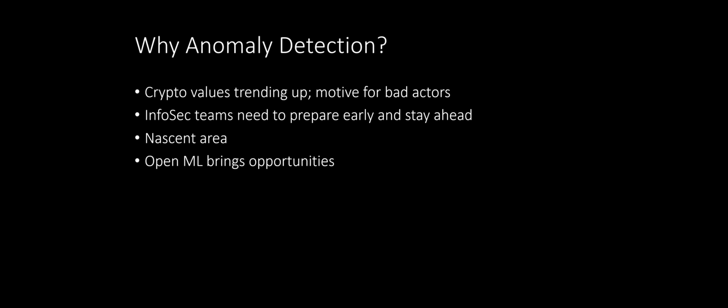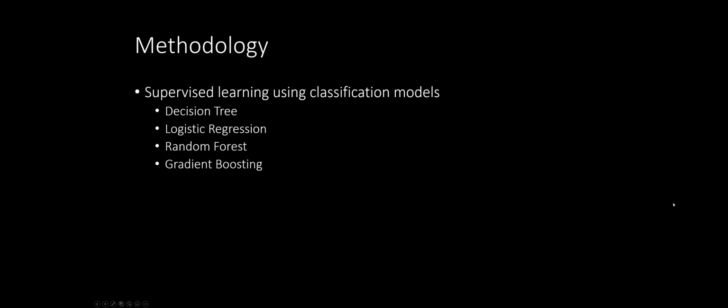The other reason too is with the advent of machine learning open source software, there's a lot of new opportunity in this area. And a lot of overlap or intersection with blockchain and anomaly detection using classification. So that's essentially the methodology being used: supervised learning, supervised classification models.